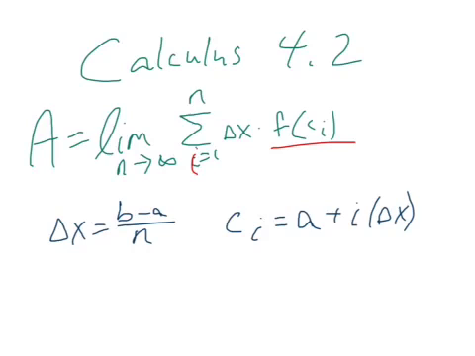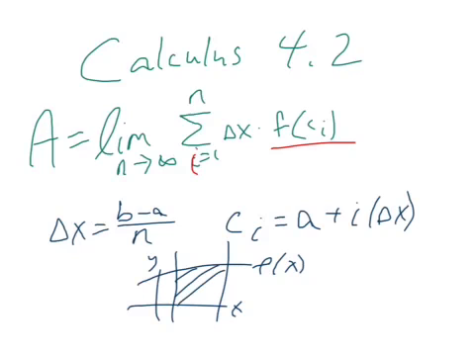And let's think through why this c sub i makes sense really quick here. So if you have a curve like this, f of x, and you want to find the area from here to here, you're going to break it into some rectangles, like that, like that, and like that.